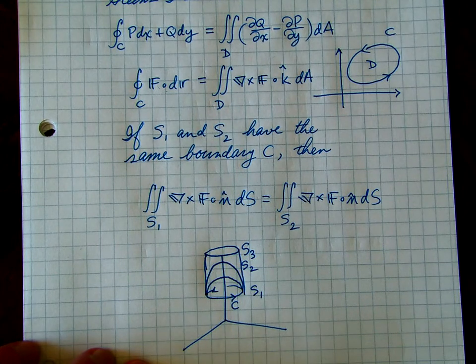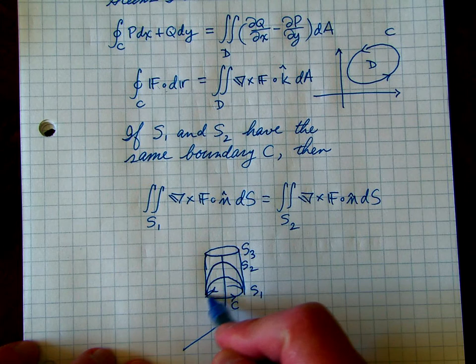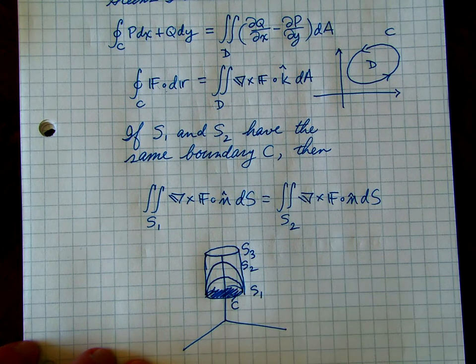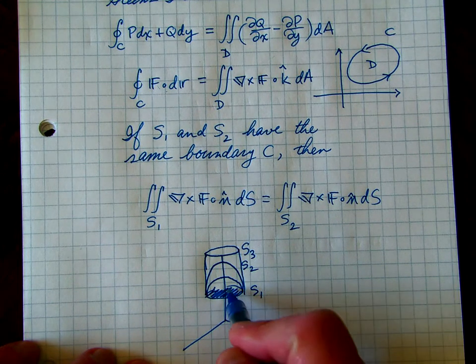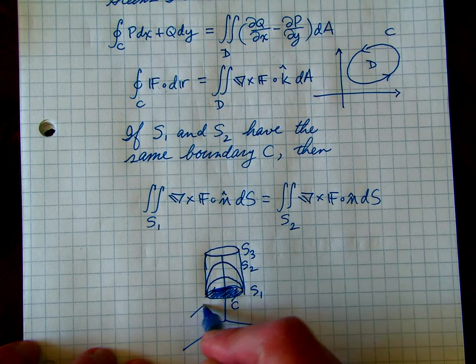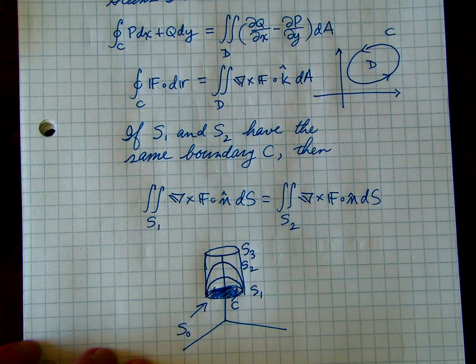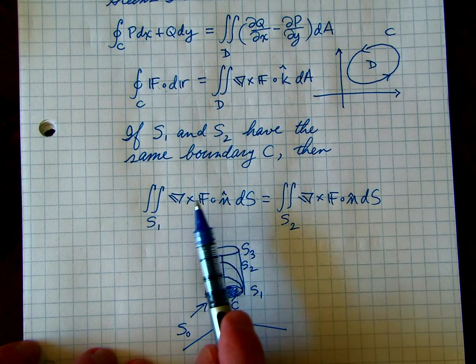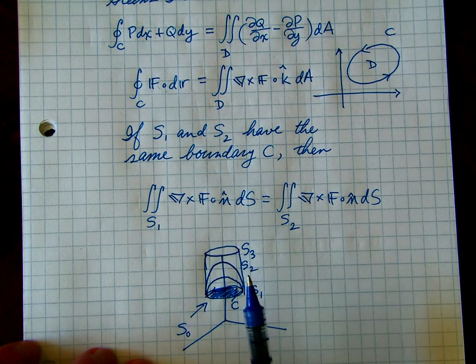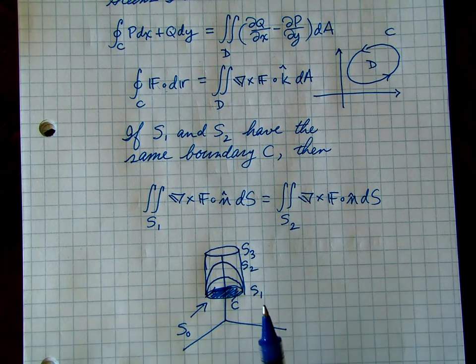Or, here's the best part, you could pancake it all down into a surface, which is just a disk floating in space. I could call it S0, and that might be the best of all. All of these would have the same result if I compute curl dot n over the surface. So it would be up to me to pick which one to use.